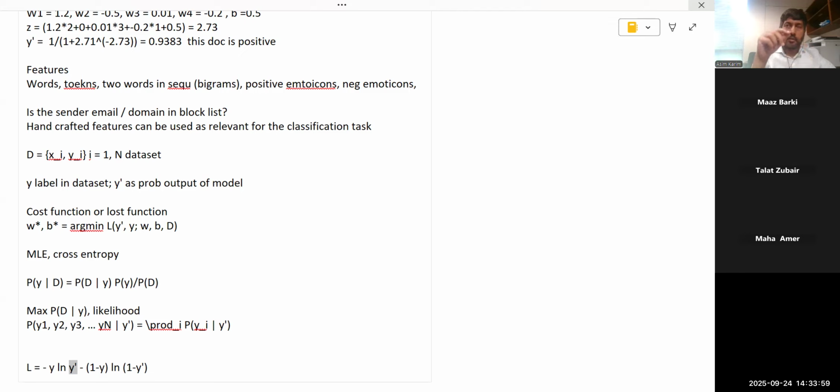And if you look in terms of likelihood, we would like to maximize this as ज़्यादा probability हो. And since we have two terms, second term 0 हो जाएगी, because since this particular example में y 1 था, तो 1 minus 1 second term में 0 हो जाएगी.